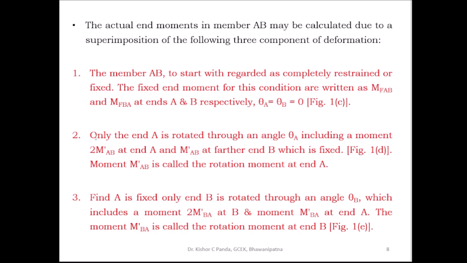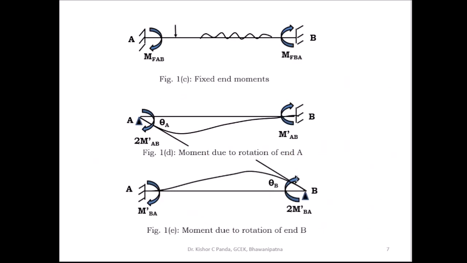Then in the second case, only the end A is rotated through an angle theta A, inducing a moment 2m' AB at end A and m' AB at the further end B. The moment m' AB is called the rotational moment at end A. So here you have to take B as a fixed end and A as a simply supported end.